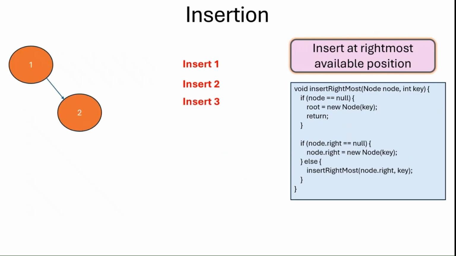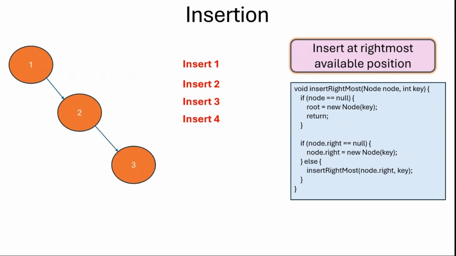Then when we insert 3, it will go to the else condition and recursively call this insert rightmost with node 2 as the root node, and it will then create a new node for value 3 and assign it as the right child of node 2.